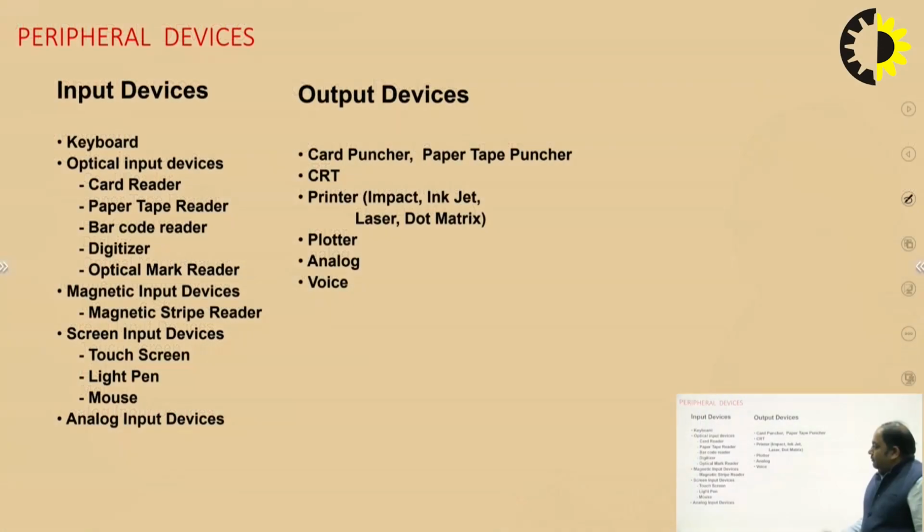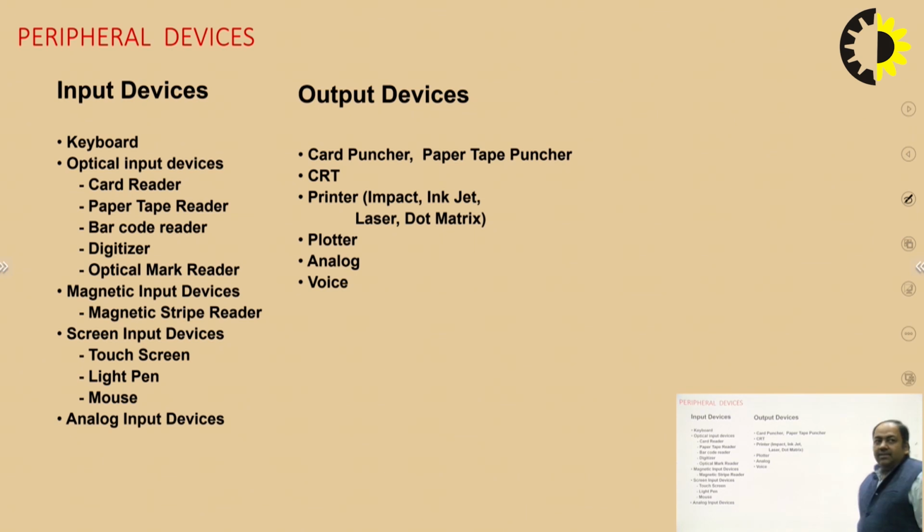Next are magnetic input devices, which are magnetic strip readers, and screen input devices, like touch screen or mouse. Output devices are card puncher, CRTs (cathode ray tube), printer, plotter, and voice, such as speaker. So these are the peripheral devices. They have two categories: one is input device and another is output device.